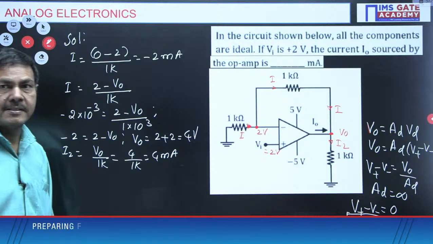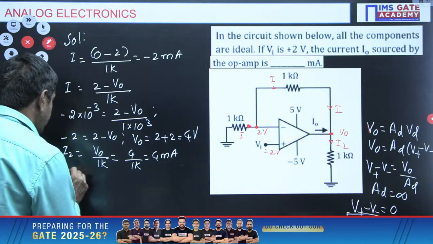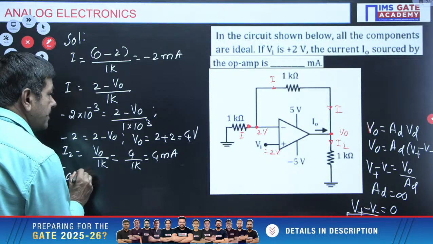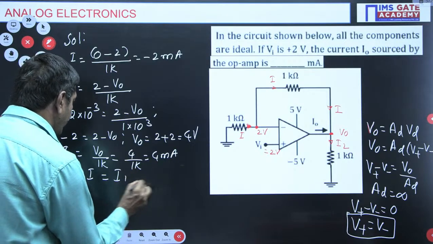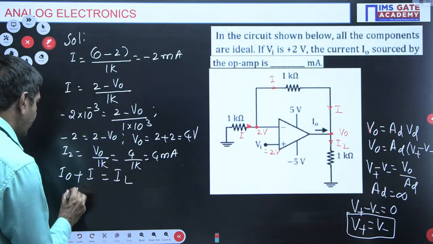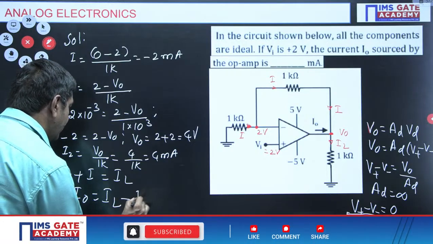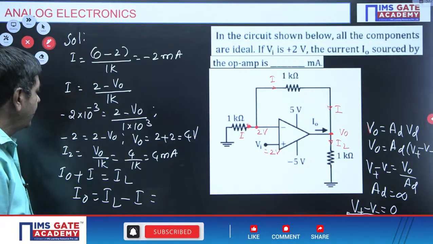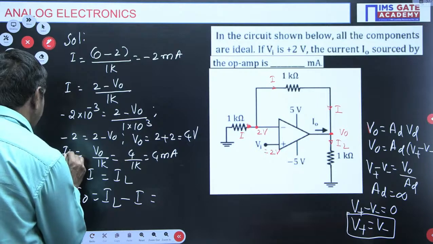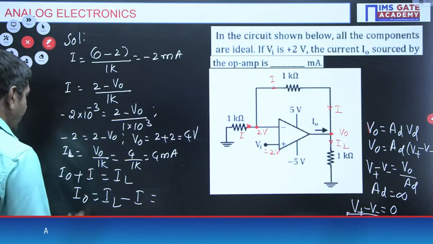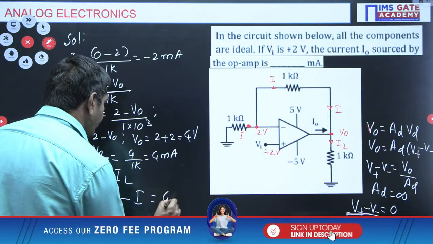Now I can find I0 plus I equals IL. I want I0, which is IL minus I. IL is the I2 here, and IL is 4 milliamperes.